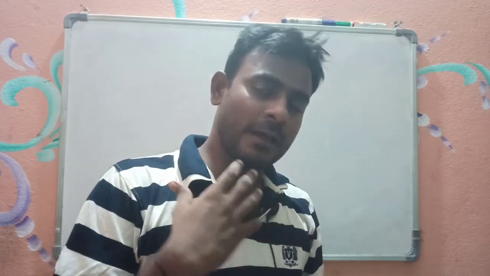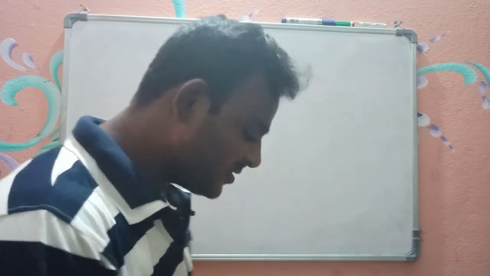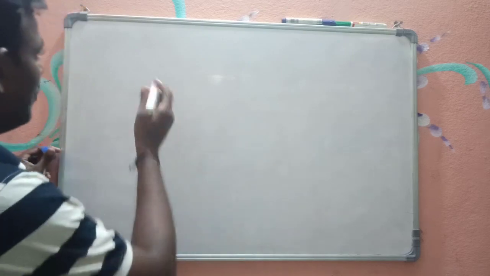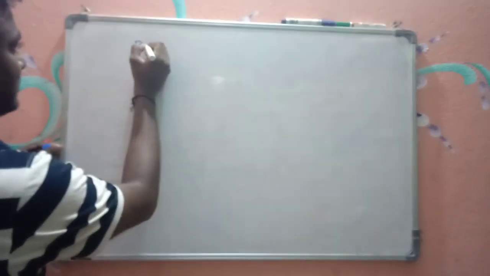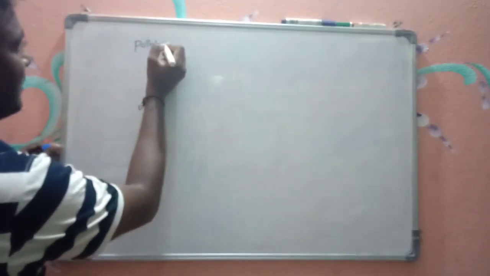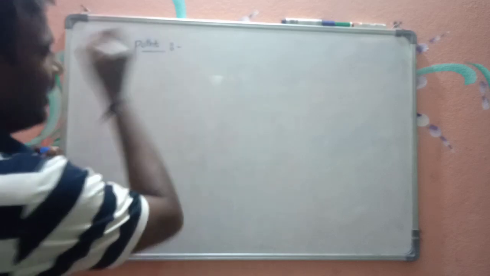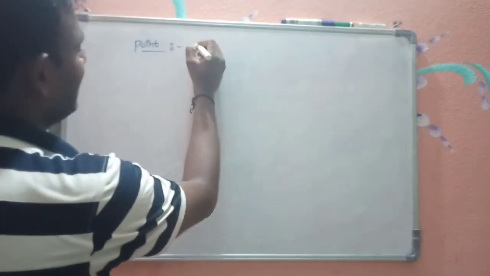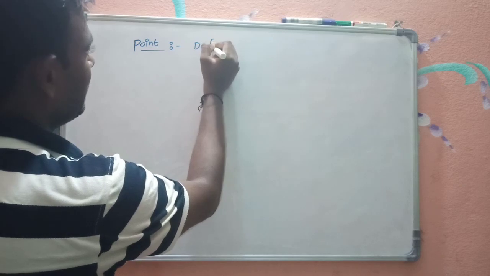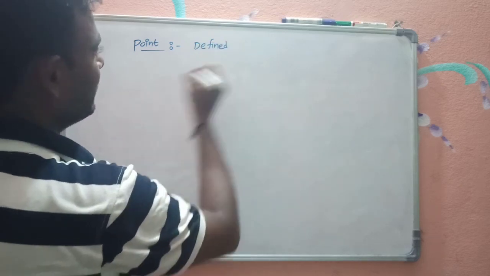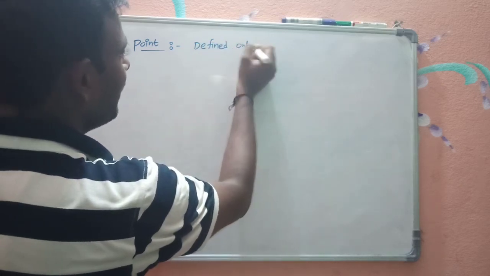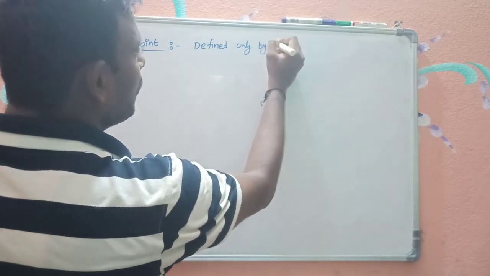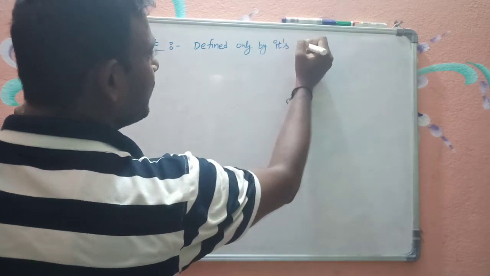So it will be a very interesting video, right? So first we will see what a point is. What is a point? A point can be defined only by its location. Is it right or not?